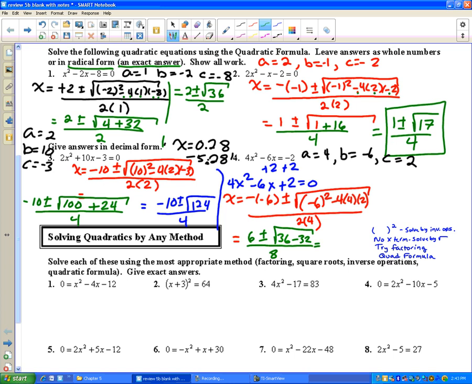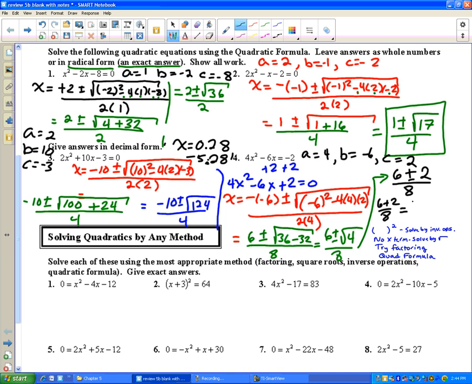So this is going to be 6 plus or minus the square root of 4 over 8. So this is 6 plus or minus the square root of 4, which is 2, over 8. So 6 plus 2, divide by 8. 6 plus 2 is 8.